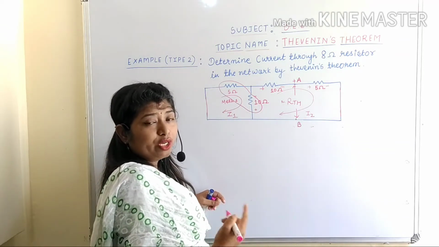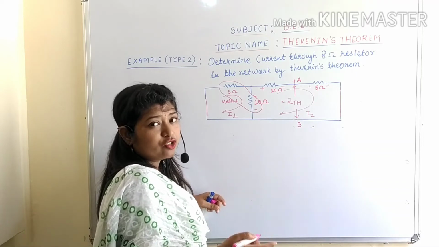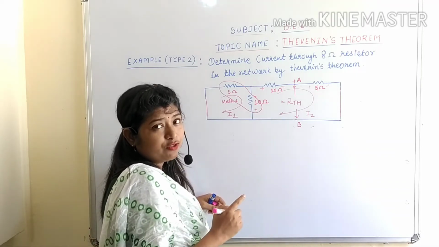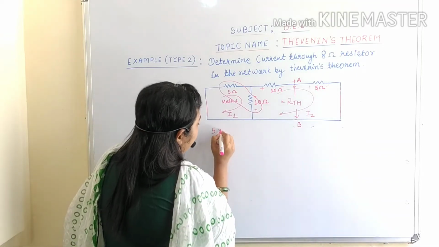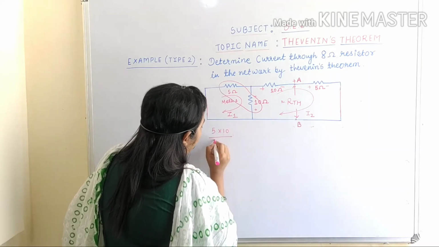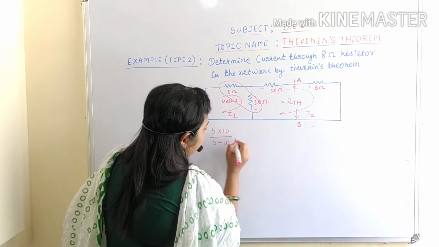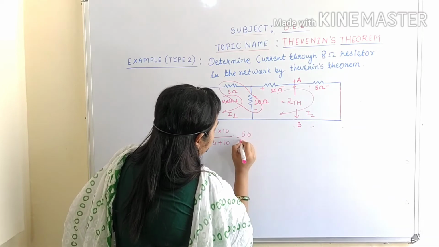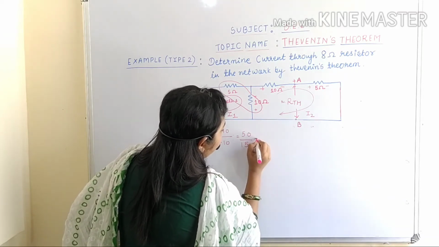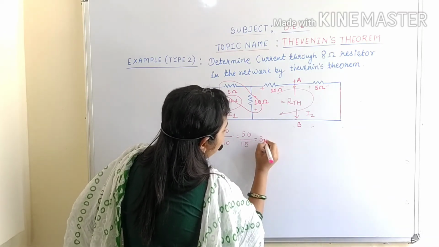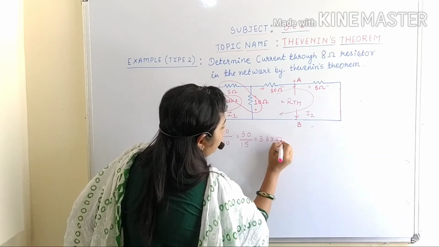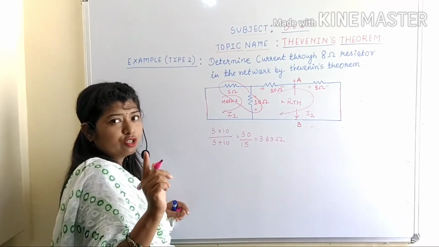So how are you going to find the equivalent resistance? 5 into 10 upon 5 plus 10. You will be getting 50 upon 15, which is equal to 3.33 ohm. I hope you have understood this.